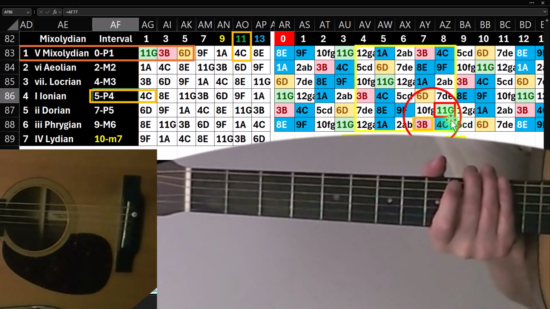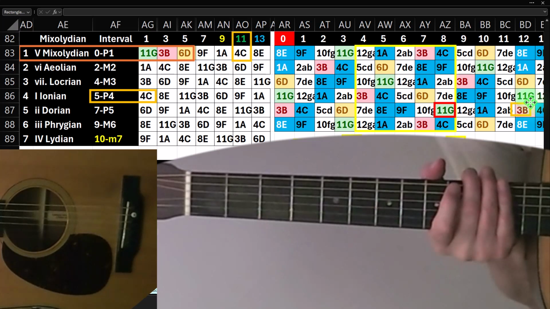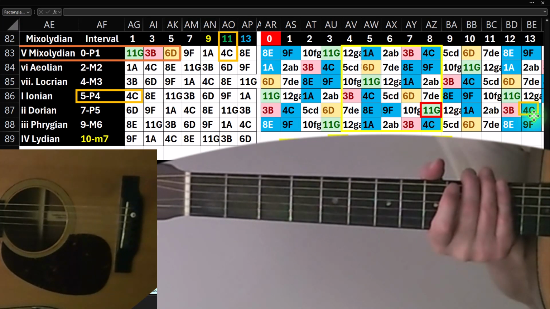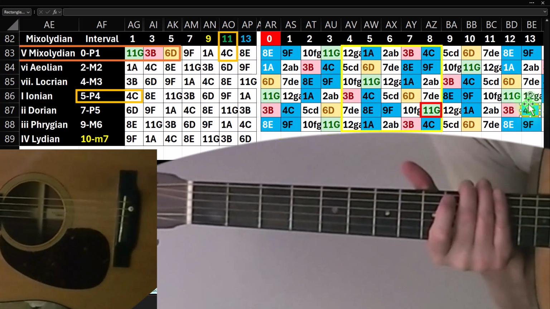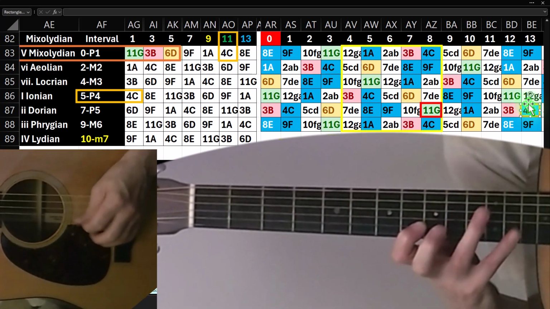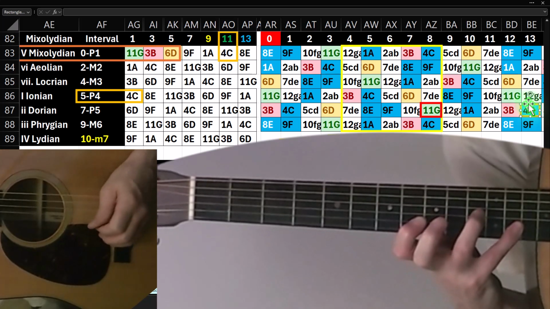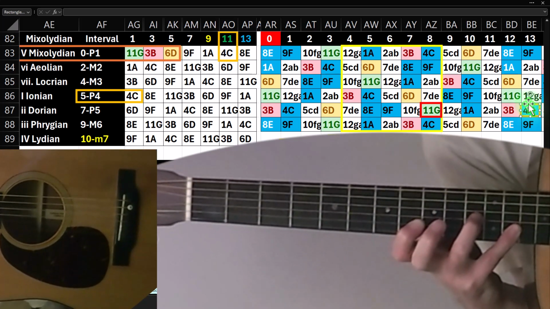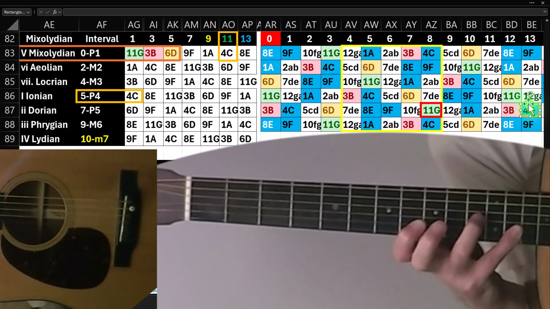Okay, so then if I go on the same string, it's going to be 5 notes away from this G, which would be up here. So boom, 5 notes away. So if I went from this G to here, that's what it's going to sound like. So notice that the perfect fourth is in the major scale and it's in the normal minor scale as well.